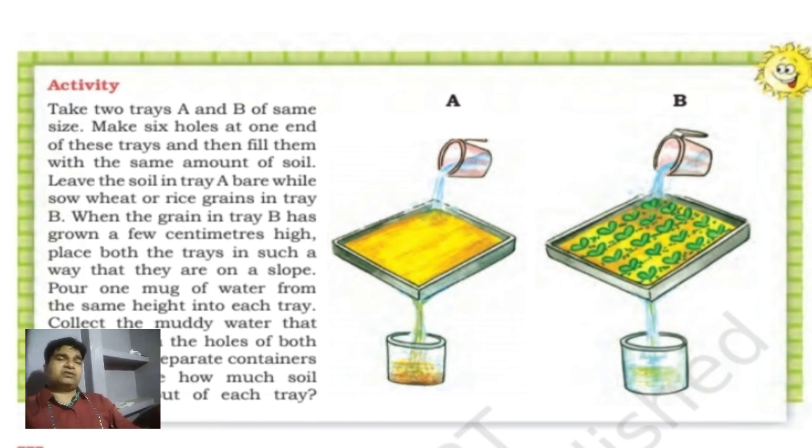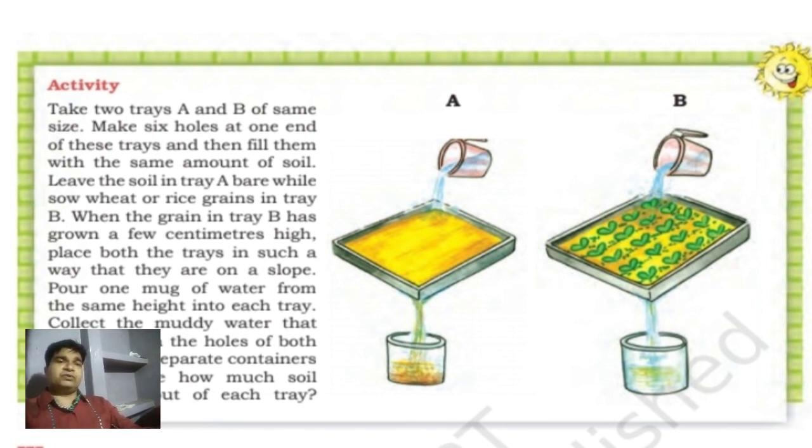Now leave the soil in tray A while you grow wheat or rice grains in tray B. So in the first one you are growing nothing, in the second one you are growing some wheat or rice. When the grain in tray B has grown a few centimeters high, you wait for some days. After some days, in the second tray, tray B, this wheat or rice will grow.